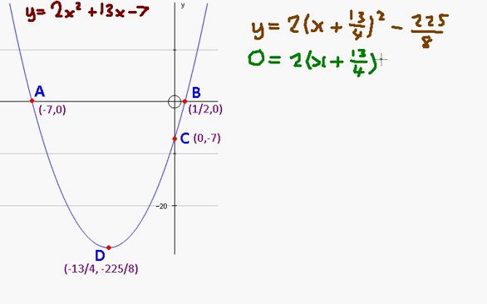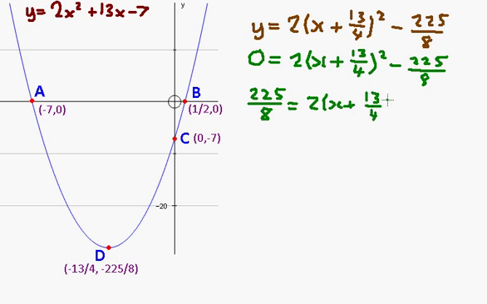So 0 is equal to 2 lots of (x plus 13 over 4) squared, take away 225 over 8. The first thing to do is add 225 over 8 to both sides.